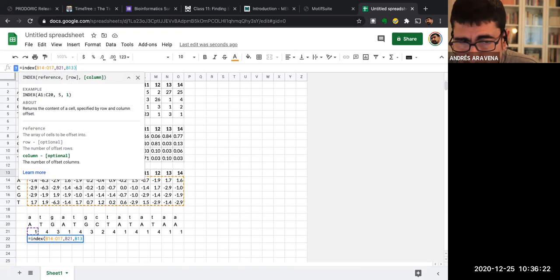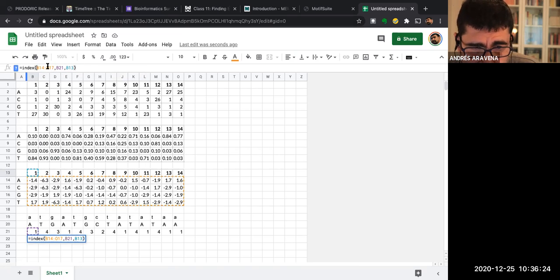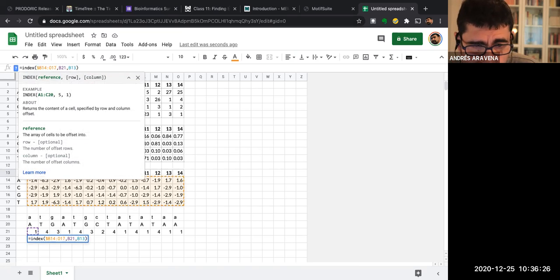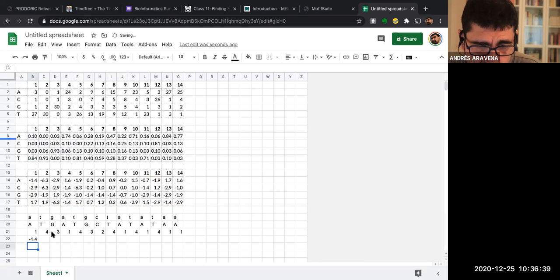We have to put the dollars in the correct place. The matrix will not change, so we put dollar everywhere. Here the 21 should not change, and the column will change, and this also the same. I think that will work. So that is the score for here.